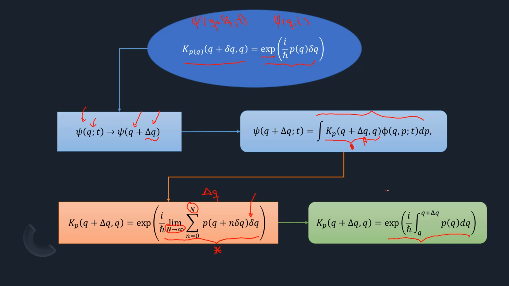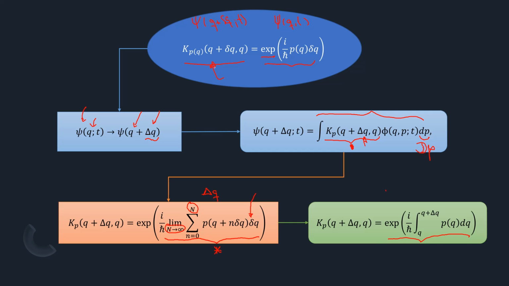In fact, to be quite correct formally, this is not dp, but what Feynman writes as a big D, because it represents a succession of applications of the kernel related to the infinitesimal displacement.